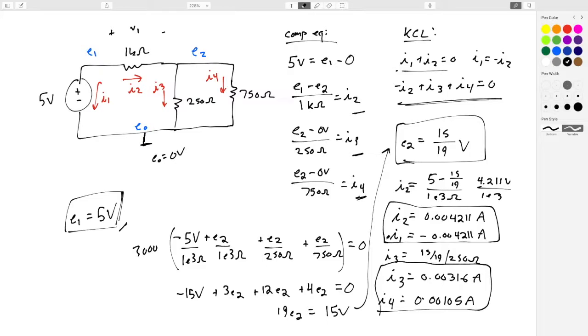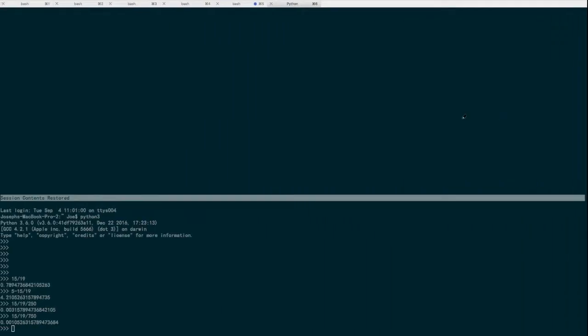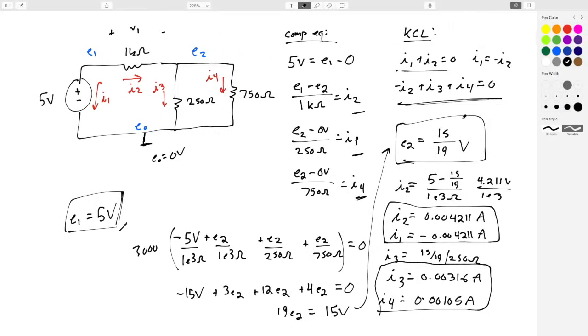At this point, I might go back and take a real quick look at all of our numbers to make sure they make sense. So this is saying E1 is 5 volts. That's good. E2 is going to be 15 over 19, which is 0.789 volts, just so we have a decimal in our head.